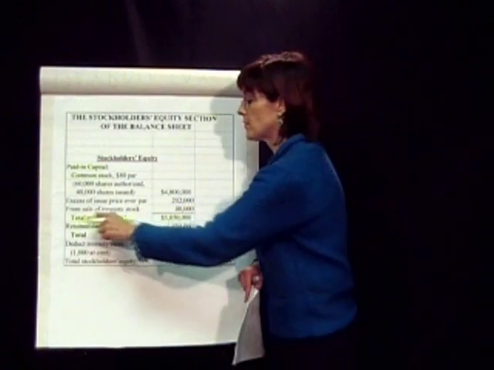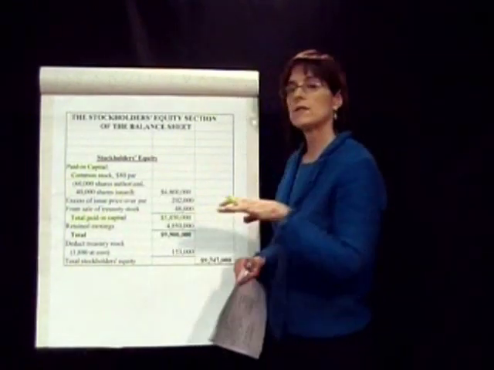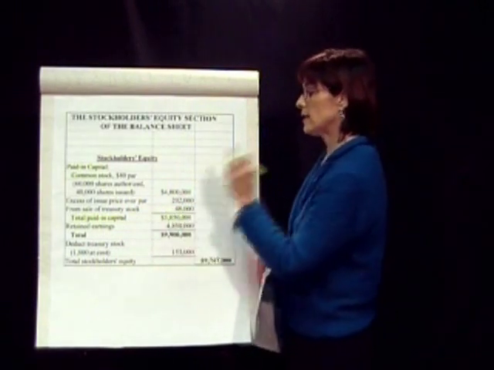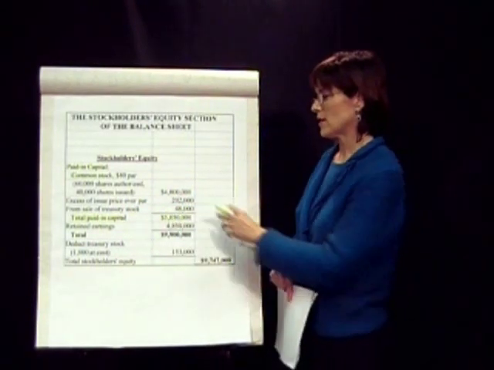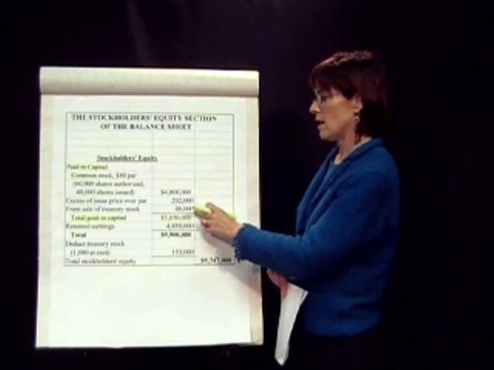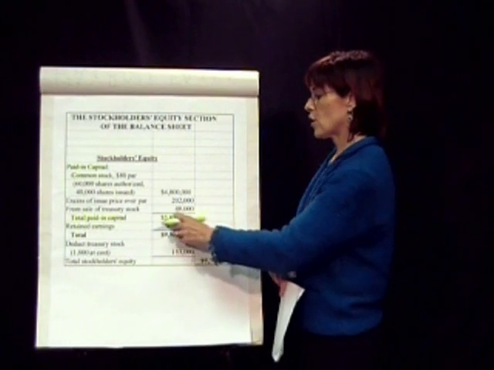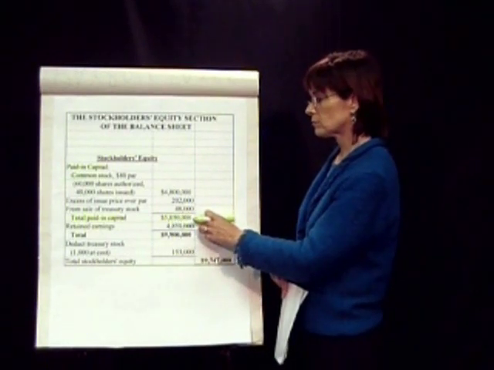But the way this says from sale of treasury stock, if the company had stock they had bought back, it was in their treasury, and they sold it again, now it needs to come up in the paid-in capital section. So that's from selling treasury stock. These three numbers together are what this particular company has as far as total paid-in capital.